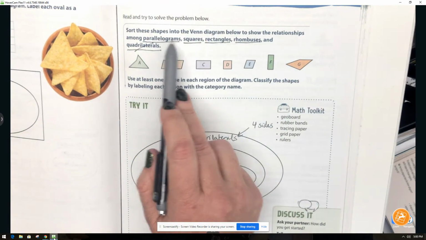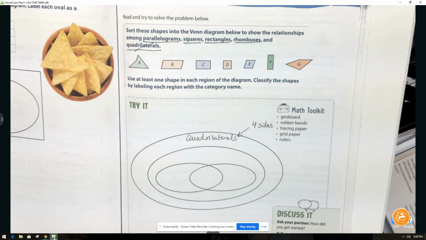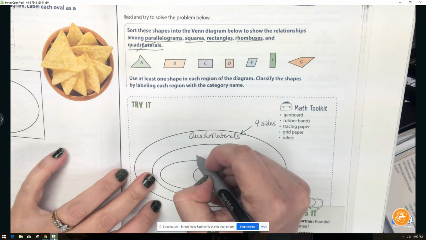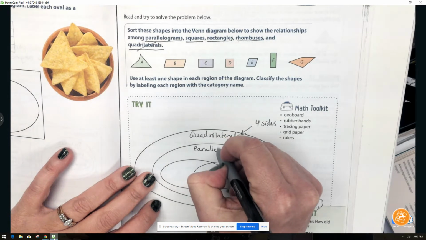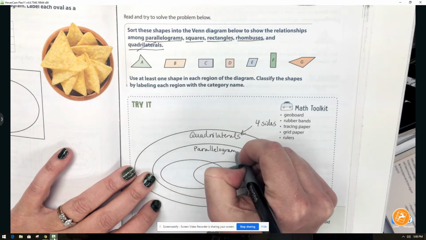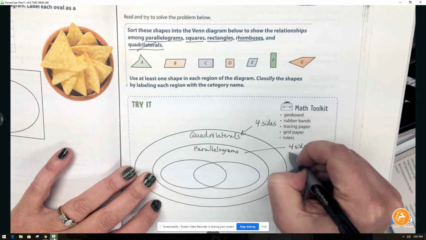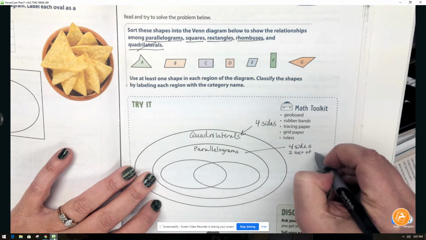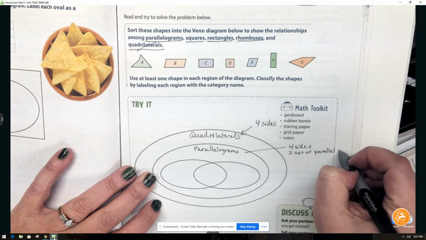So now we have parallelograms, squares, rectangles, and rhombuses. Now with the work we did yesterday, we know that the next most specific shape is our parallelograms, because we know that they have 4 sides and 2 sets of parallel sides.